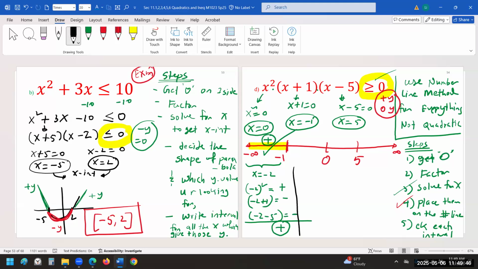Now let's see what we get from the next interval, any number between -1 and 0. There is no whole number, right? So to work with a fraction, -0.5. Let's say x is -0.5.